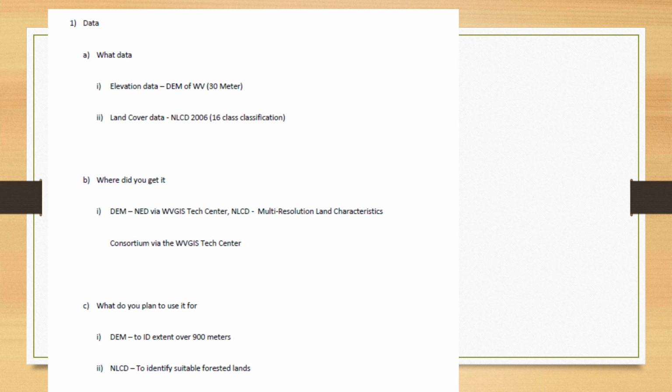So you would start off talking about your data in your method section, and you could restate whatever the question was that you're trying to answer: requires elevation data and land cover data.